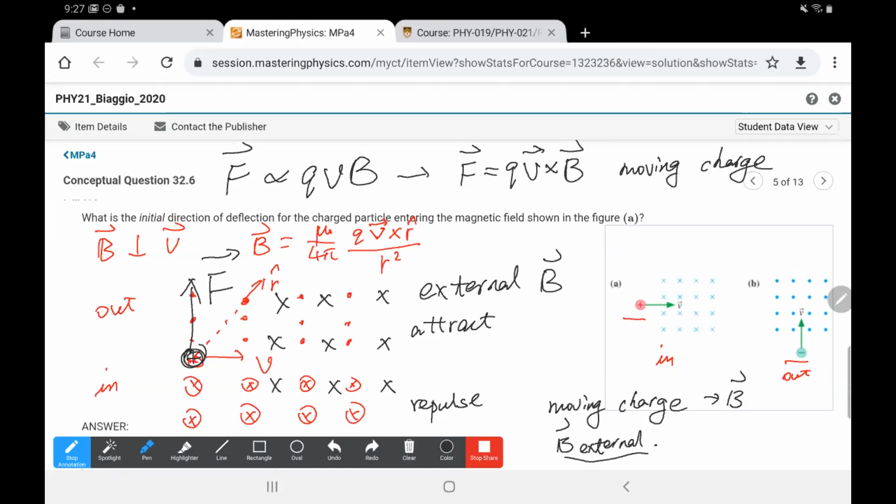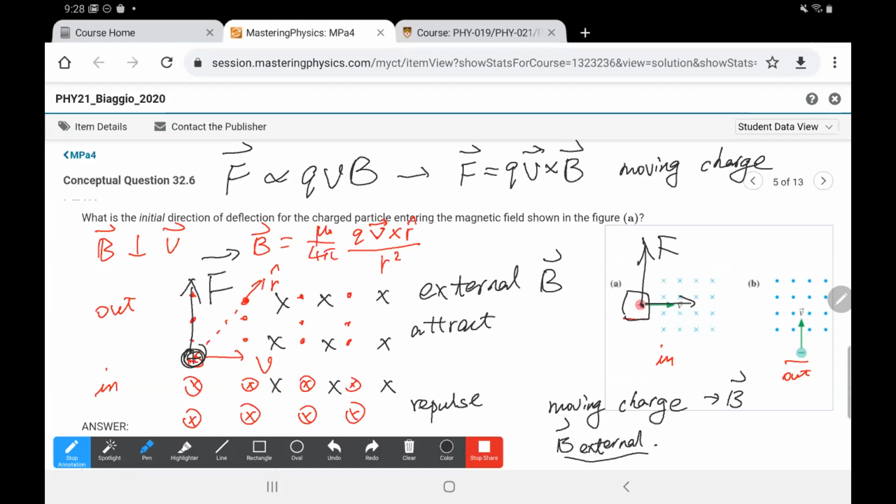So on the positive charge here, in this case, the speed goes right and the magnetic field goes inside. So we use the right-hand rule. I use my right hand, curl my forefinger from the velocity, rightward, to the magnetic field, and my thumb goes up. So the force is on top. Okay, so this is the direction of the force.